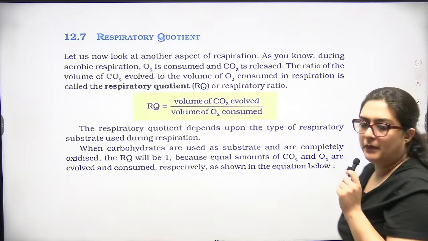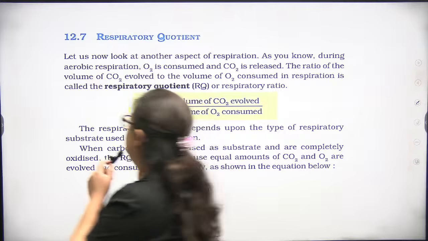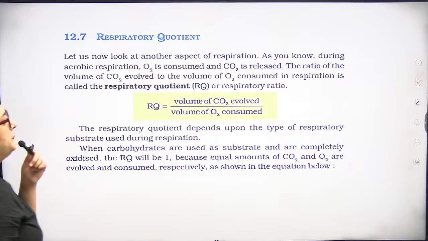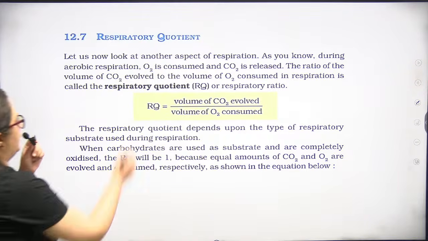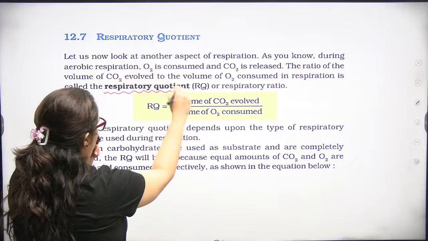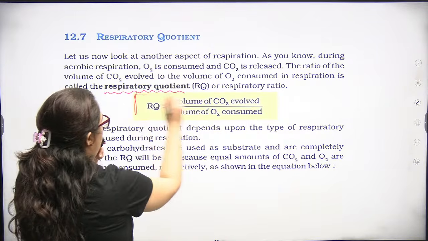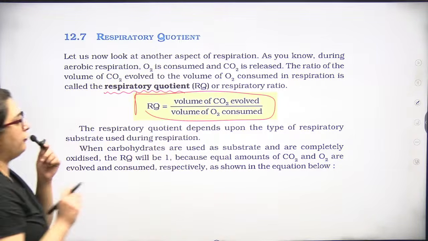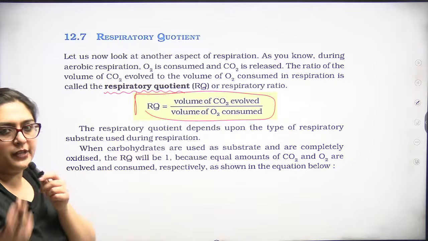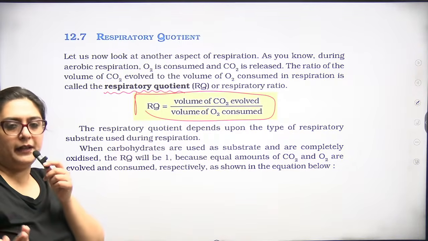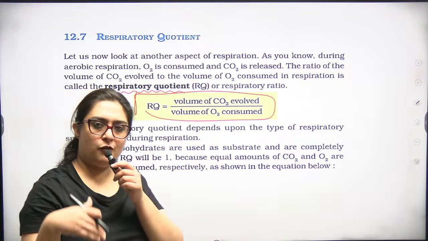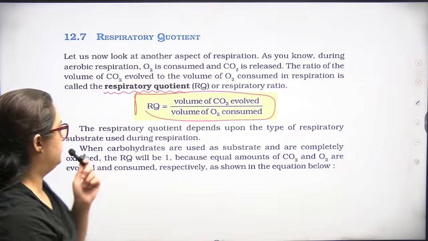Now, what do you mean by respiratory quotient? Tell me. Respiratory quotient or respiratory ratio is the volume of CO2 evolved divided by the volume of O2 consumed. What is actually occurring in respiration? Inhalation of oxygen and exhalation of CO2.